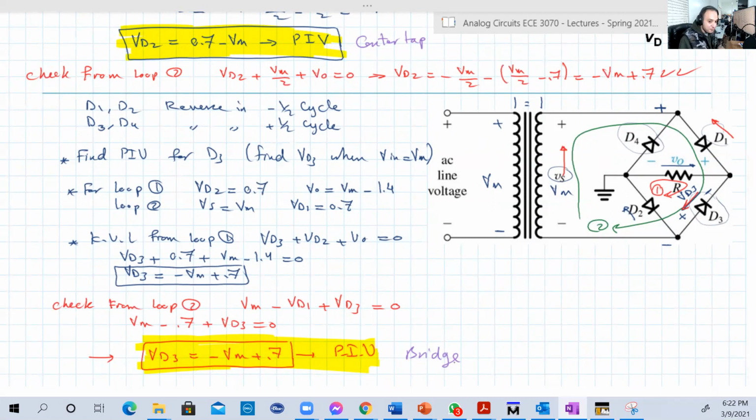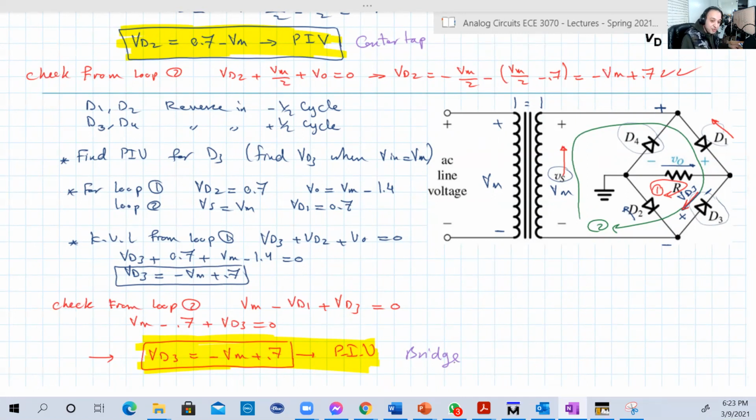But again, remember, when the turns ratio is 1:1 in the center tap, the efficiency drops, and the DC output is Vmax over pi, not 2 Vmax over pi. If you want to increase the efficiency of the center tap and make the DC output, as we saw in the last video, 2 Vmax over pi, like the bridge, you will lose two things.